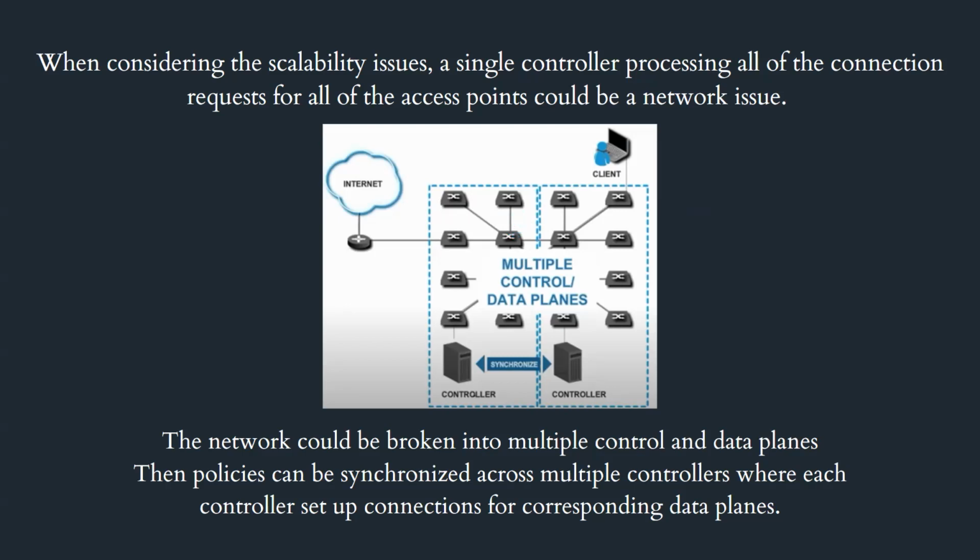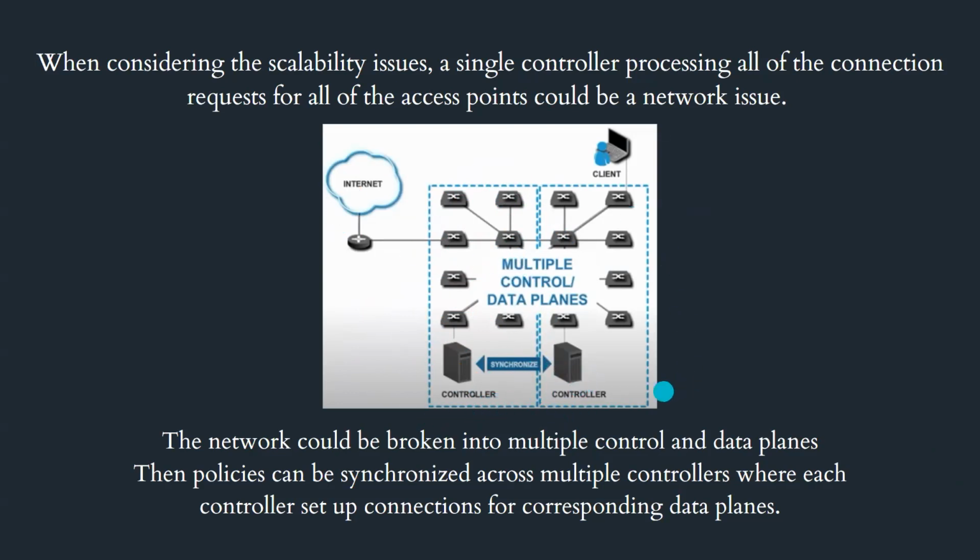Then, as you know, we have networks which are large in size. When the network size gets larger and bigger, we need to divide the network into multiple sections, and we need to assign different controllers for each of them.